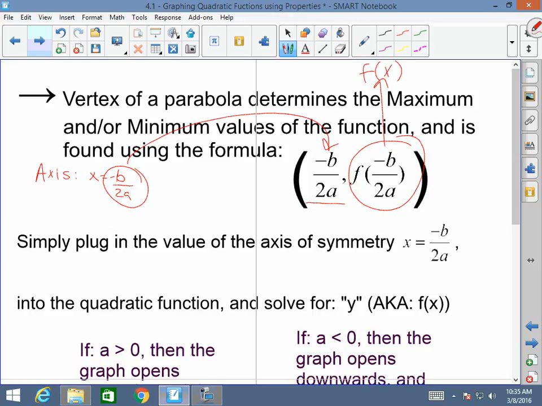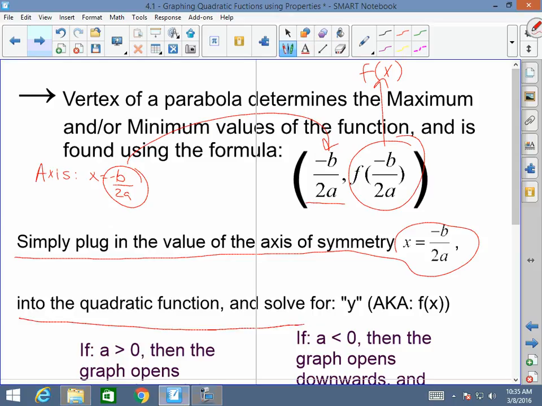So what this means is simply plug the value of the axis of symmetry into the quadratic function and solve for your y, which is also known as f of x. So once you have your axis of symmetry, you plug it into the function and you find your y value. That's going to give you your vertex, which is your maximum or your minimum.